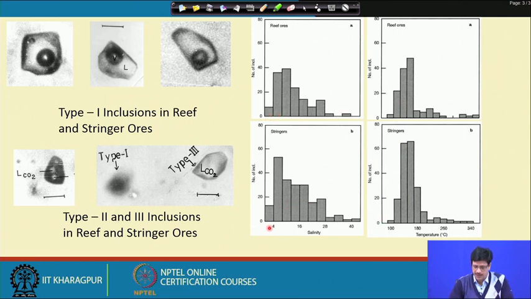In this case, we take a histogram of 4 weight percent NaCl, and in this we take a 20 degrees class interval for plotting the homogenization temperature in the histograms.